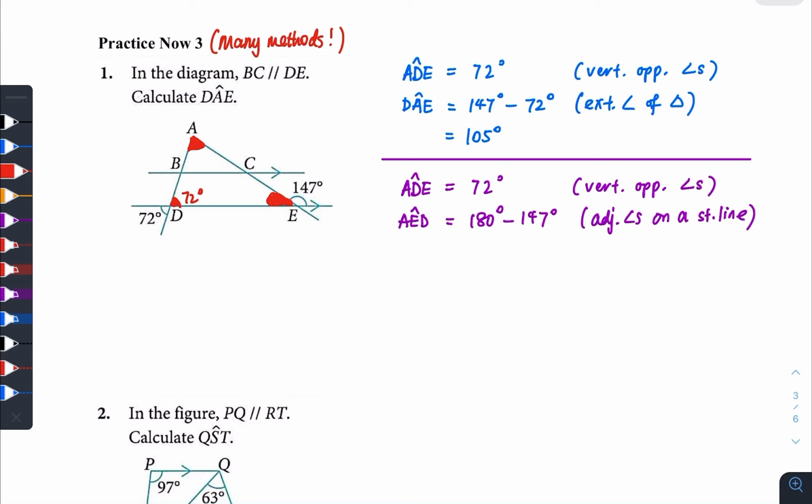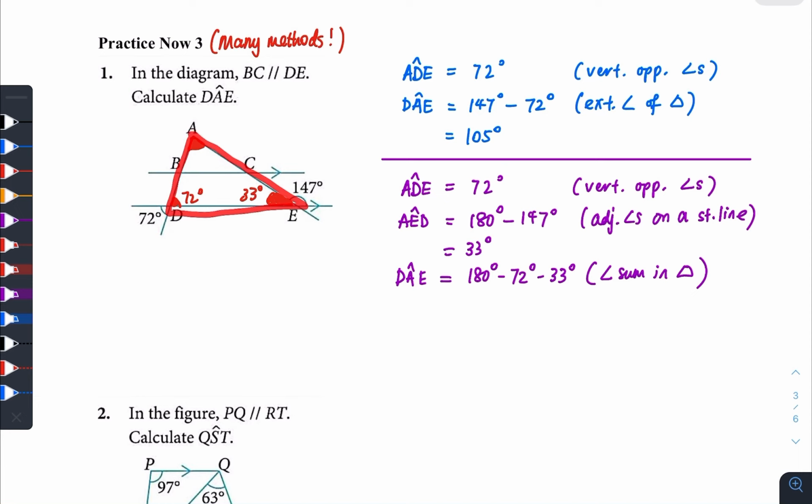So this will give me 33 degrees. So the 33 degrees will be over here. Then last but not least, I can also write down angle DAE is equal to 180 minus 72 minus 33, because this is the angle sum in this triangle ADE over here. So my final answer is going to be, that's my final answer though.